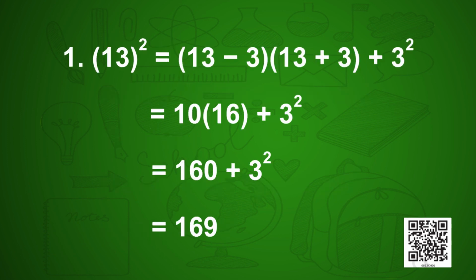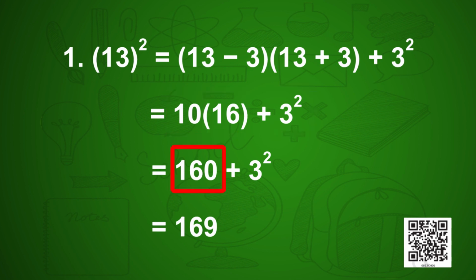Now let's take an example. Let's try to find 13 square. As per the steps, we get the numbers by subtracting 3 from 13 and adding 3 to 13, because 3 is in its units place. So we get 13 minus 3 times 13 plus 3, and to this product we add the square of the number in the units place, which is 3 square. 13 minus 3 is 10, 13 plus 3 is 16, plus 3 square.